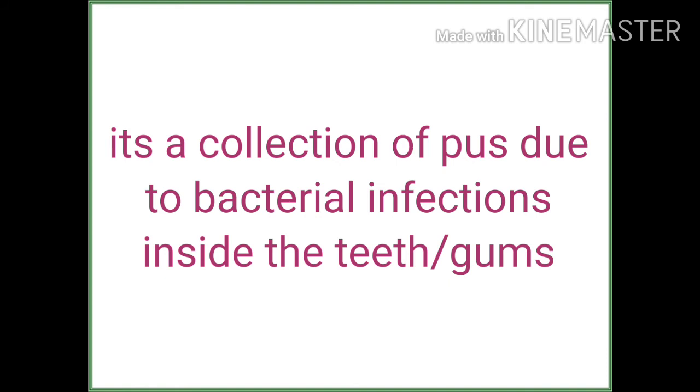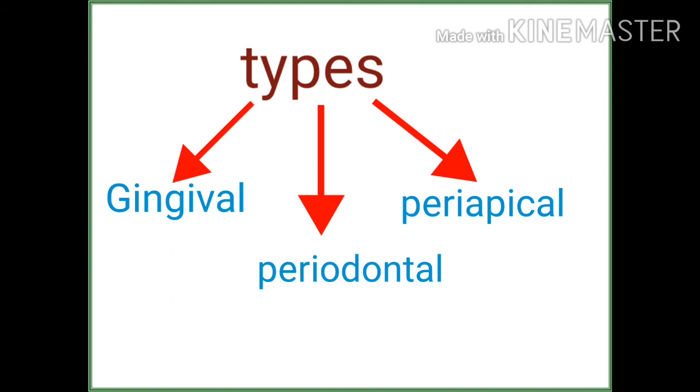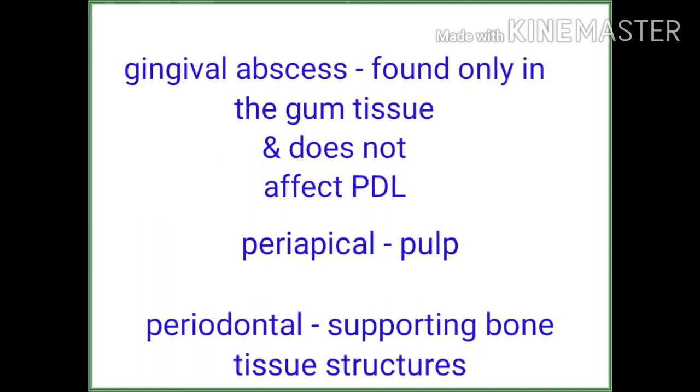The various types of abscess are gingival, periodontal and periapical, of which the gingival abscess is found only in the gum tissue and does not affect the PDL. The periapical abscess affects the pulp of the tooth, whereas the periodontal abscess affects the supporting bone tissue structures.